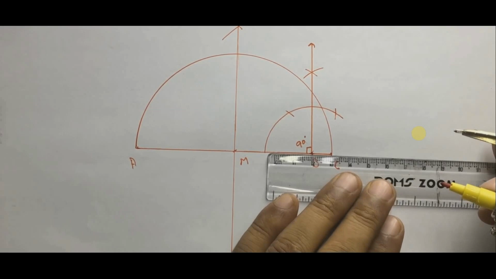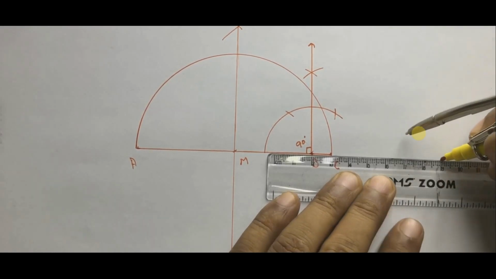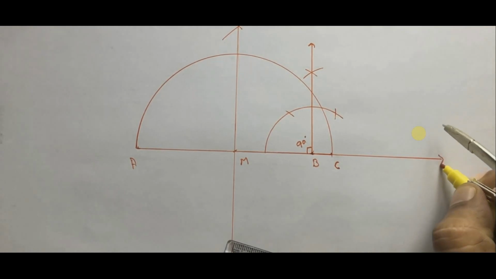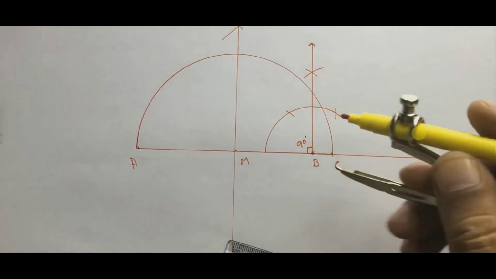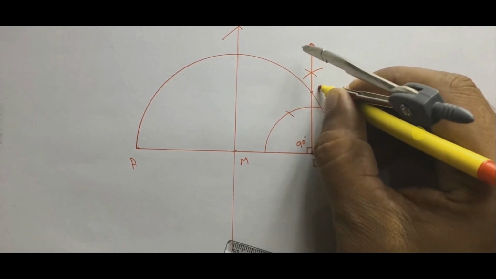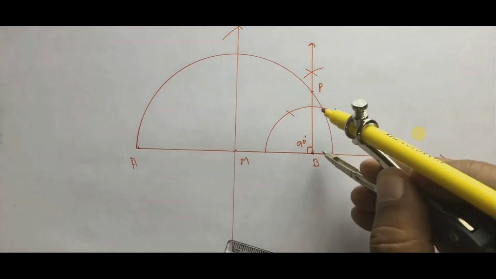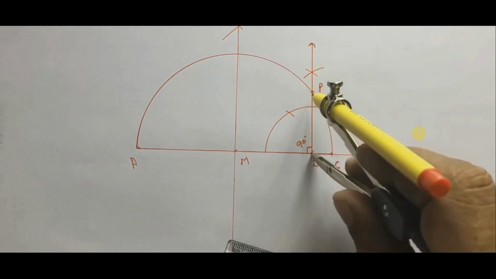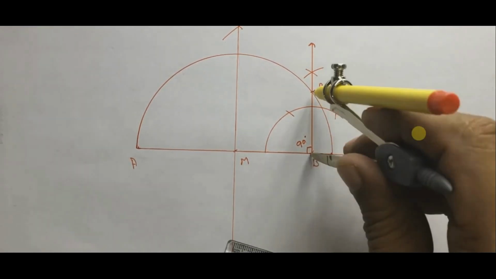Now we have to extend the line from B, and from B we have to take this distance B to this point P, where the perpendicular intersected the semicircle, that BP.